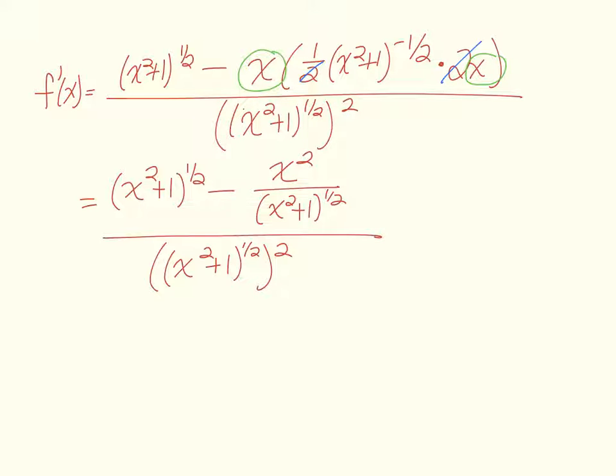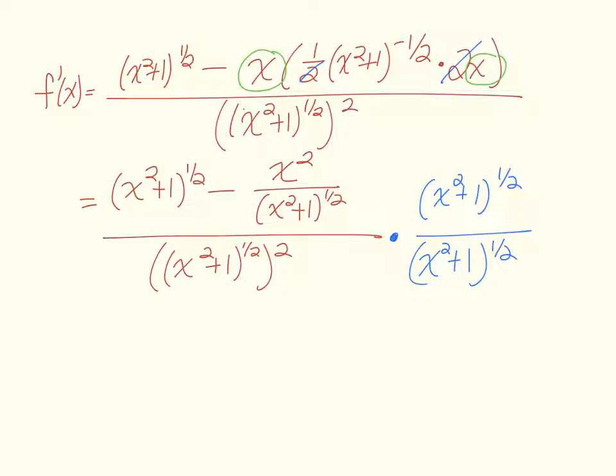Now in order for us to reduce away this denominator, we need to multiply the entire fraction by that denominator, x squared plus 1 to the 1/2 power. Since we're doing it in the top of this big fraction, we also need to multiply the denominator by that same thing, x squared plus 1 to the 1/2 power.